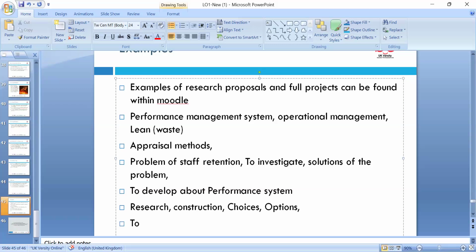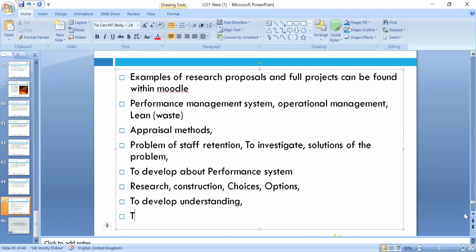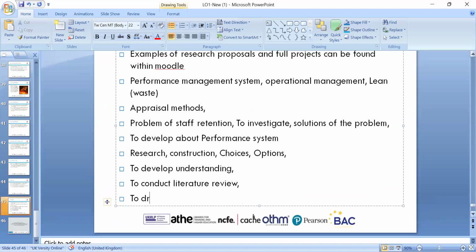Let's say our objective is to develop understanding, to conduct a literature review, and at the end to draw the conclusion and recommendation.